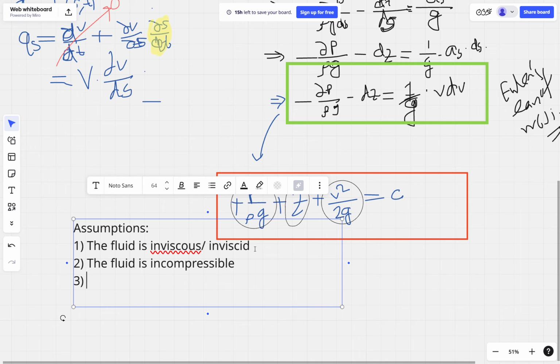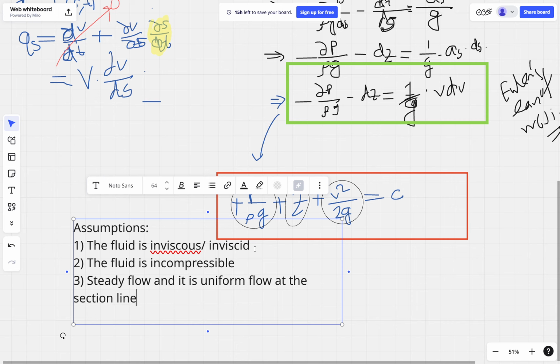After that we assumed that it is a steady flow, and that it is a uniform flow at the section line. These are the assumptions we have made so far to determine this equation.